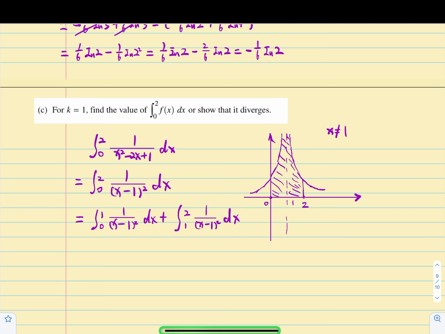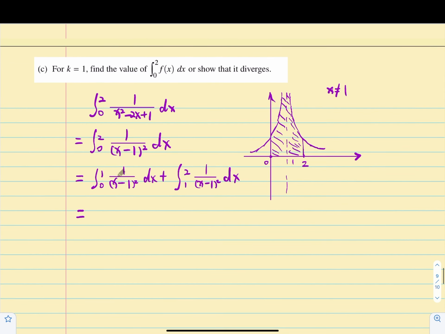Because this never reaches 1, it can never reach 1 because x cannot equal 1, we need to change it into a limit of integration, when a approaches 1, of the integration. Let us just get our integration first.